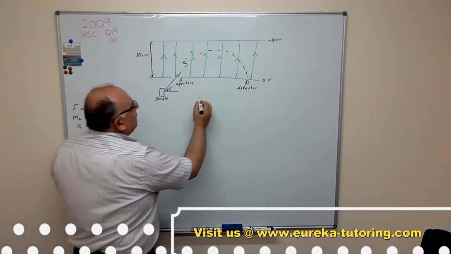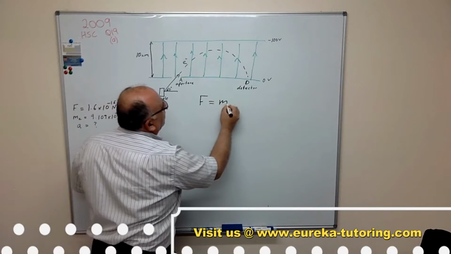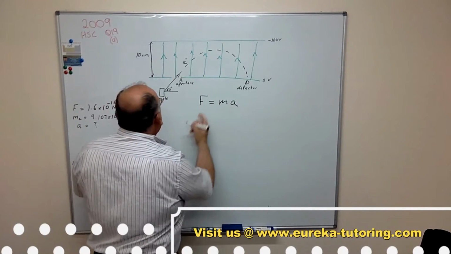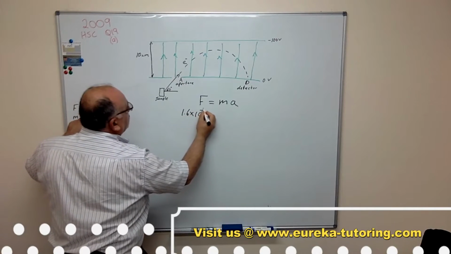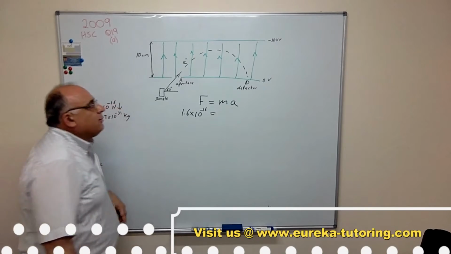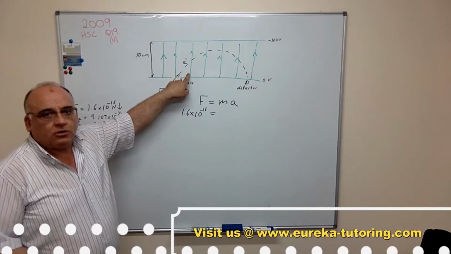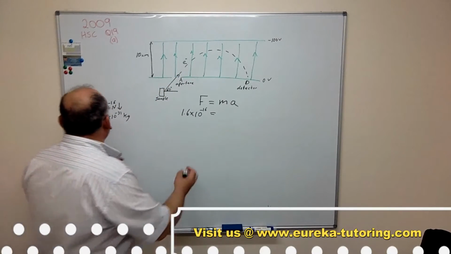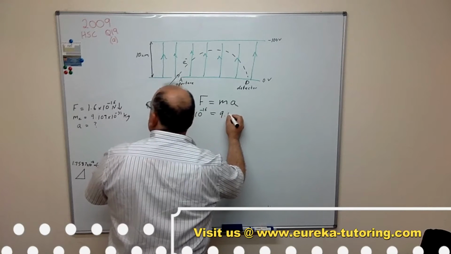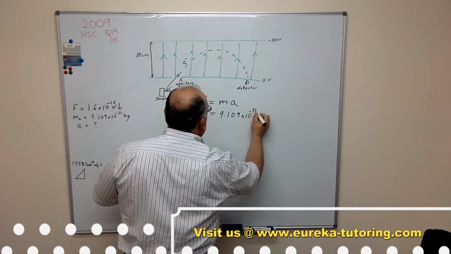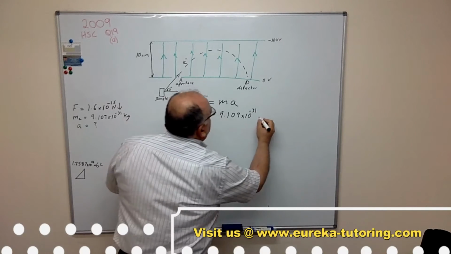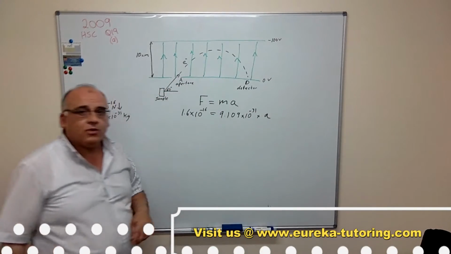So using F equals ma, and knowing that the force from the last question is 1.6 times 10 to the negative 16, we know it's an electron, so the mass of an electron is given from your data table, 9.109 times 10 to the negative 31, times our acceleration.